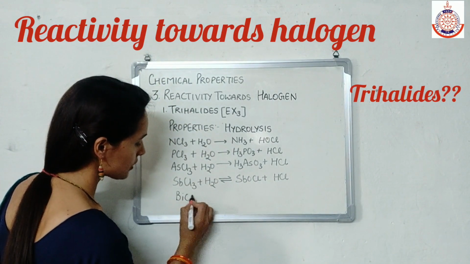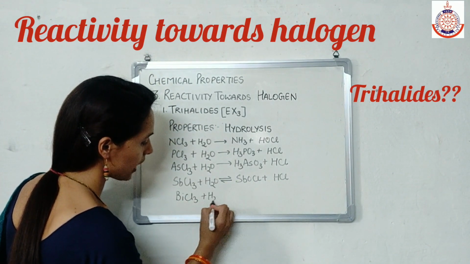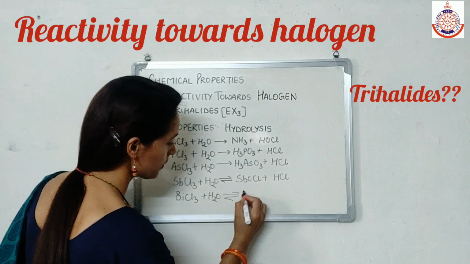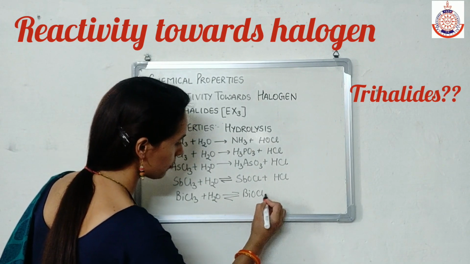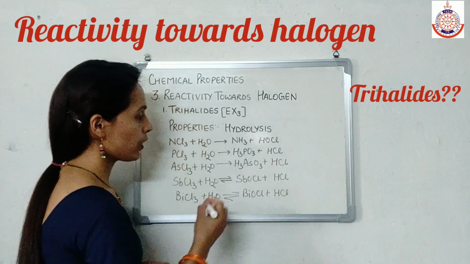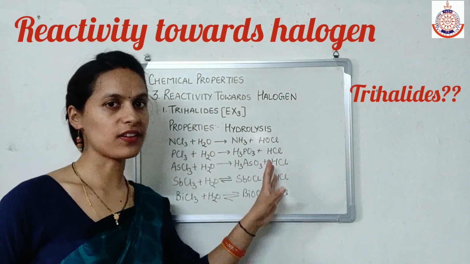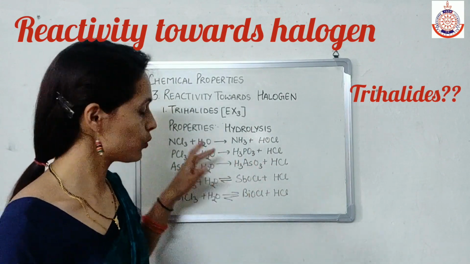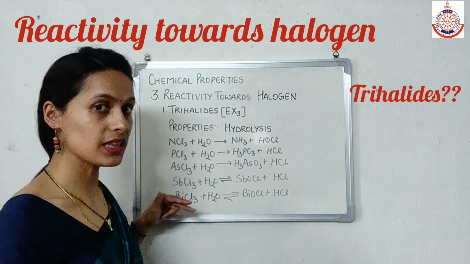Similarly, BiCl3 also undergoes hydrolysis to form BiOCl plus HCl.